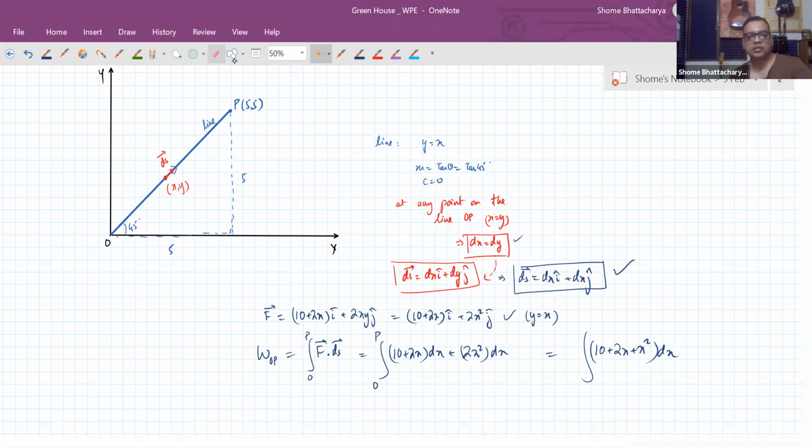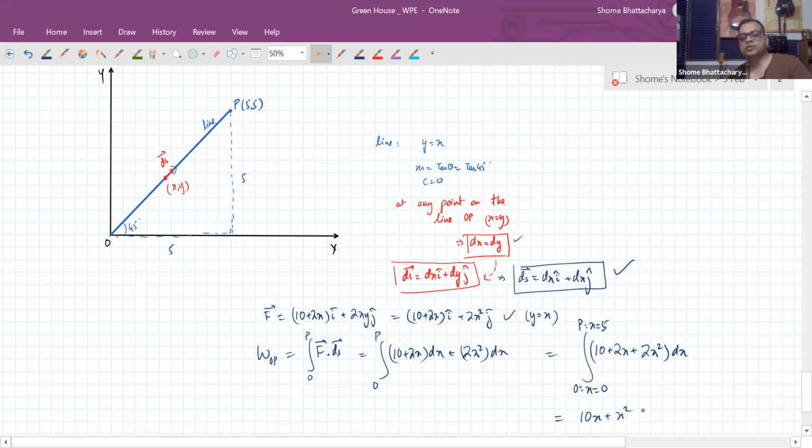My mistake, the last term is 2x square dx. From the point O where x coordinate is 0 to the point P where the x coordinate is 5. So this will become further 10x plus x square plus 2 by 3 x cube from 0 to 5. So that will become how much? 50 plus 25 plus 2/3 of 125.